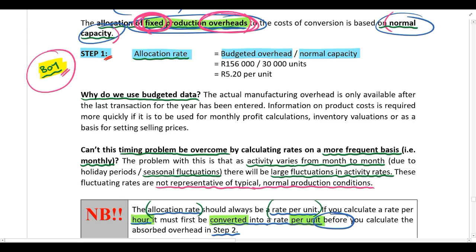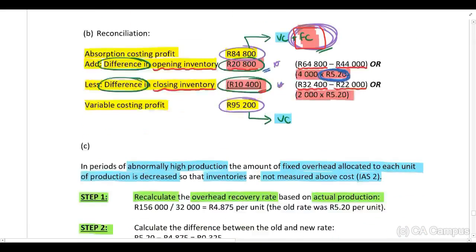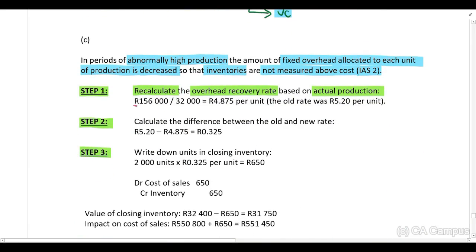We are now going to recalculate this rate, and instead of using normal capacity, we are going to use our actual production. So we still take this budgeted overhead cost, but we now divide by our actual production of 32,000 units. That gives me a rate of 4.875 per unit.